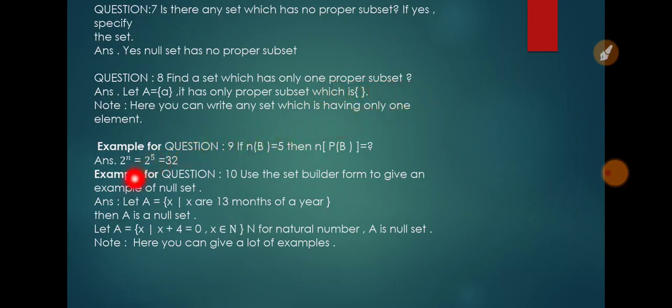Okay, now the example for question number 9 is: if n(B) is equal to 5, then n(power set of B) is equal to dash. Here n(B) is equal to 5 means the number of elements in set B is 5.